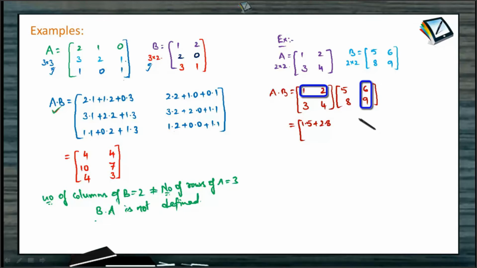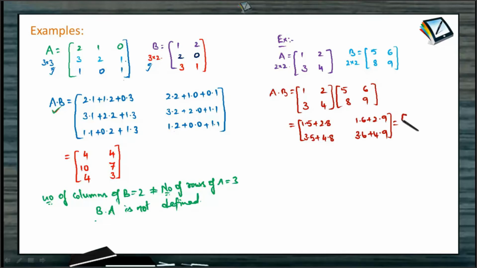So first row, second element, that would be 1 into 6 plus 2 into 9. Similarly, the second row of A is multiplied with the first column of B to get the second row first element. So this would be 3 into 5 plus 4 into 8. And the second row of A is multiplied with the second column of B to get the second row, second column element in the product. So this is 3 into 6 plus 4 into 9.